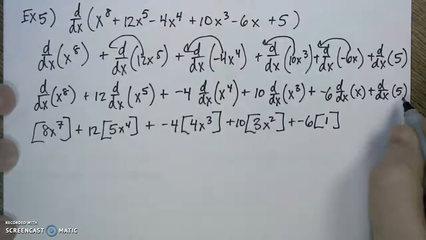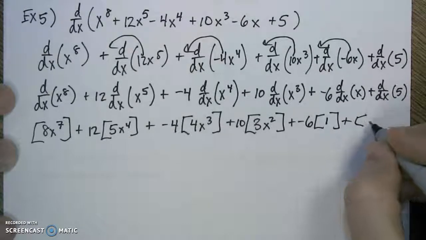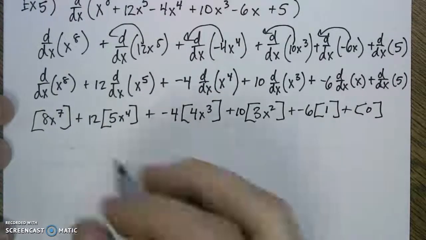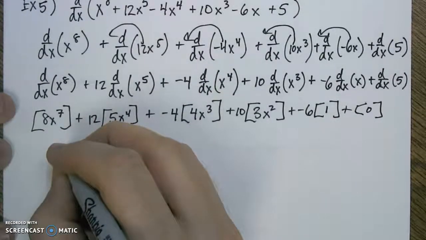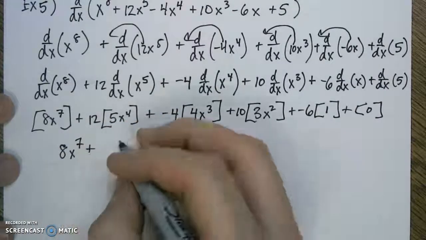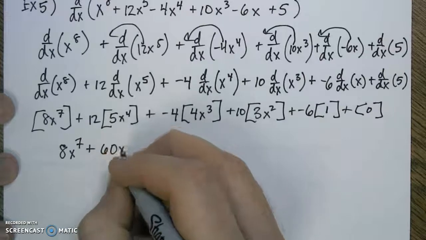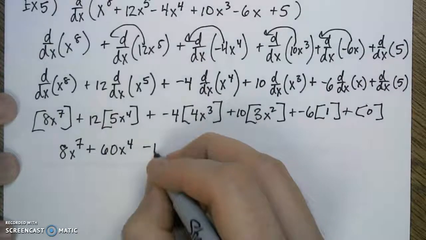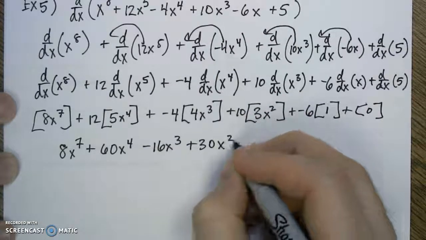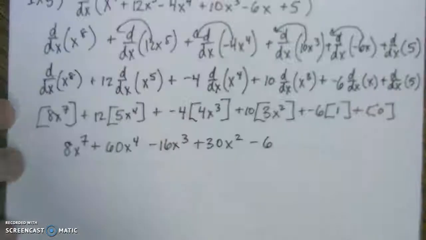And derivative of a constant is always 0. And then just go ahead and multiply coefficients. So we end up getting 8x to the 7th, we get 60x to the 4th, -16x cubed, 30x squared, -6. So that would be your derivative.